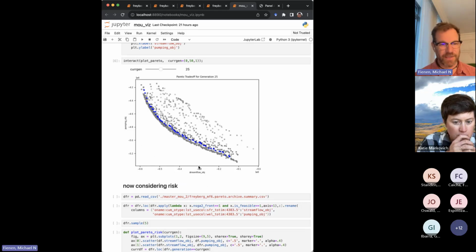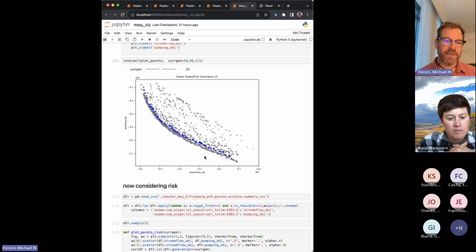What we've seen right now is that there's a strict number for the stream flow as a constraint, and the objective function is just trying to maximize pumping. But you basically will find one solution to that. There's a little bit of flexibility here, and the reason I'm showing this is because it illustrates the concept of a Pareto curve. There's a concept that comes from economics of Pareto optimality.